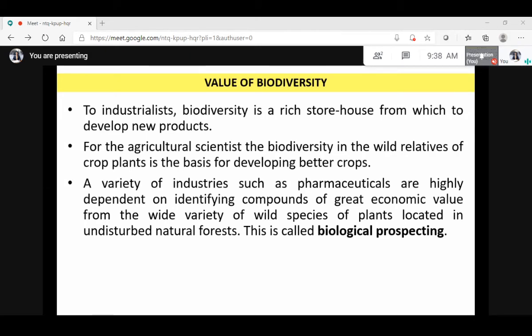Whereas for the agricultural scientist, the biodiversity in the wild relatives of crop plants is the basis for developing better crops. A variety of industries such as pharmaceuticals are highly dependent on identifying compounds of great economic value from the wide variety of wild species of plants located in undisturbed natural forests. This is called biological prospecting.